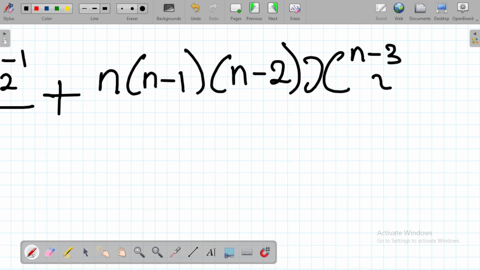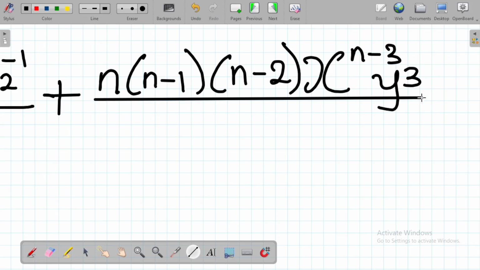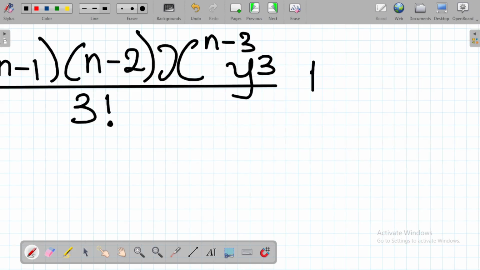So you attach y and then increase the power of y by 1, so we have here y raised to the power 3, all over, you increase the denominator by 1, so we have here 3 factorial, and then plus, it goes on and on.